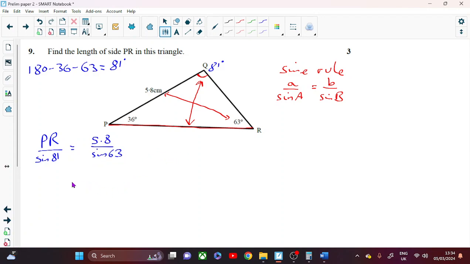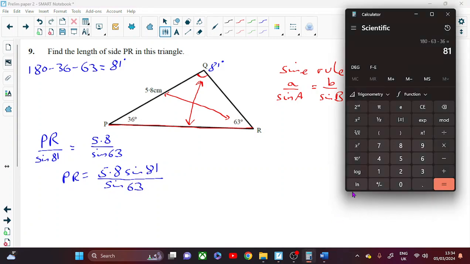And if we rearrange, we get PR is equal to 5.8 times sine 81 all divided by sine 63, which is going to be tricky on this calculator, but I'm going to give it my best shot.